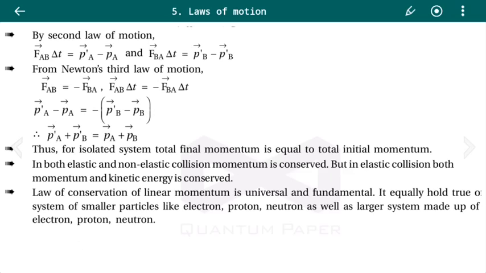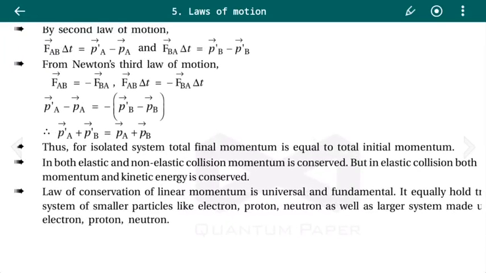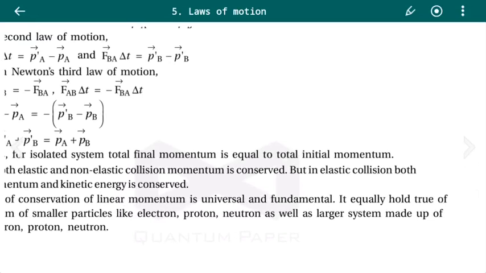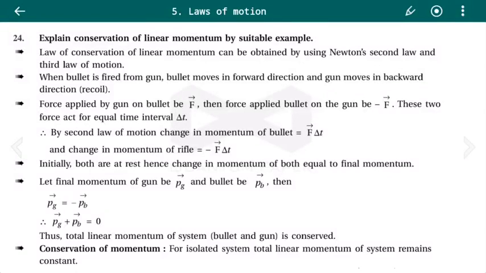But in an elastic collision, both momentum and kinetic energy are conserved. The law of conservation of linear momentum is universal and fundamental. It equally holds true for systems of smaller particles like electrons, protons and neutrons, as well as larger systems considered at the macroscopic level. So students, you may note down this theory.